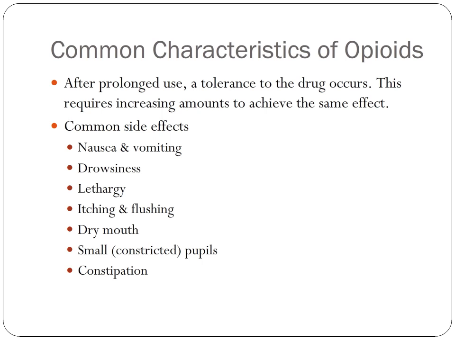So people who have chronic pain will oftentimes develop a tolerance to their pain medication, and they have to take stronger and stronger medications or more and more of those medications. Some common side effects that opioids can cause are nausea and vomiting, drowsiness, lethargy, itching and flushing, dry mouth, small or constricted pupils, and constipation.